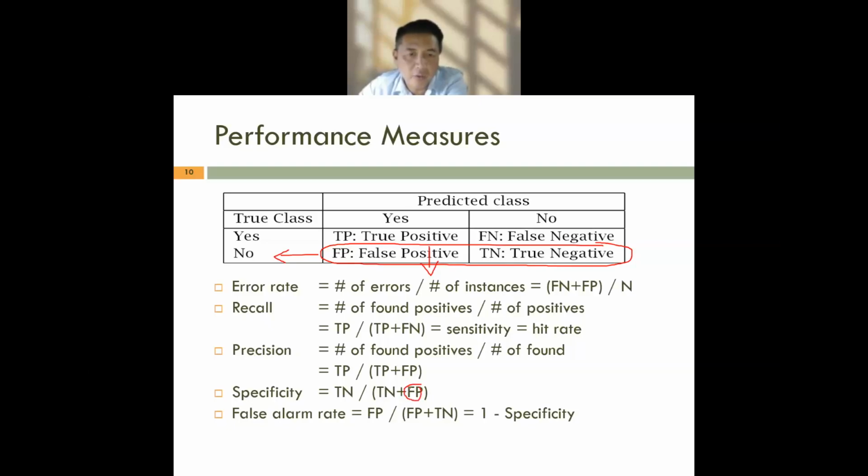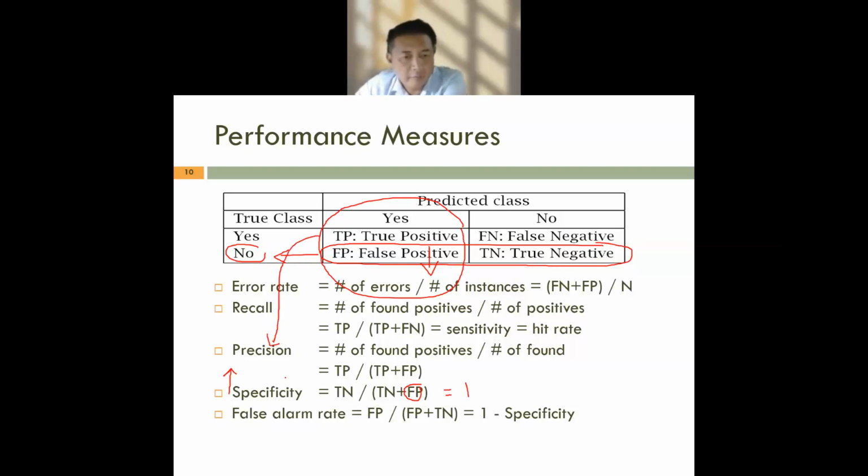If this is 0, then we are looking at 1 here. If this is higher, it means that we are looking at the no class. And this one refers to true positive, it refers to here.